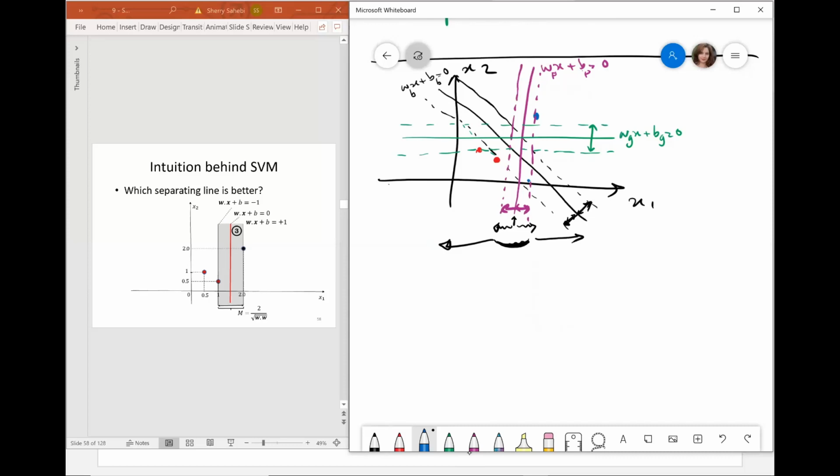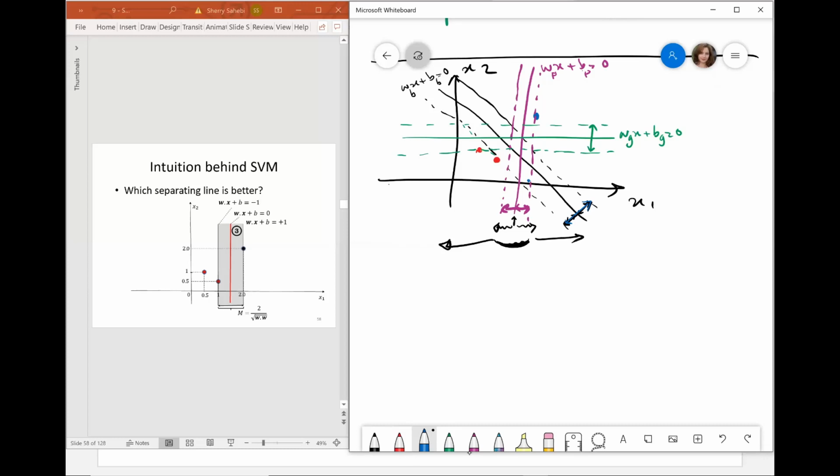So what do we want in SVM? We want to find out which of these separator lines is the best. How are we going to choose the best separator line? We are going to choose the one that gives us the maximum margin possible. So if I have 3 different separator lines and one of them gives me a huge margin, then I can say I am separating these two classes with this line, and also I have a huge margin so that it's a wiggle room for me, right?